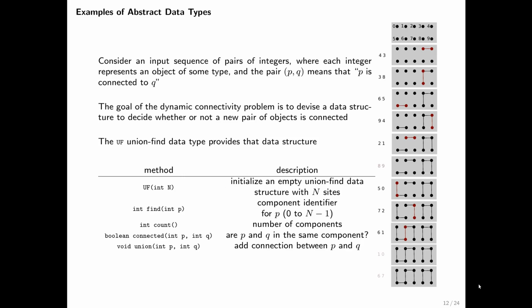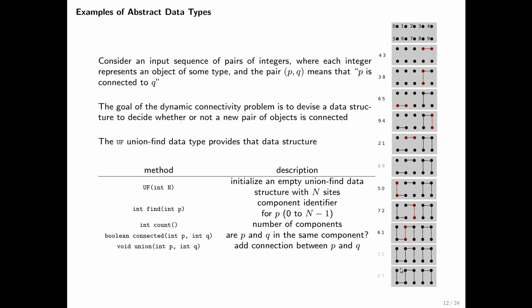In this particular example, count is going to return 2 because there are 2 components or islands. And then there is the connected method, which is a predicate that tells if the sites P and Q are connected to each other, meaning whether or not they belong to the same island.